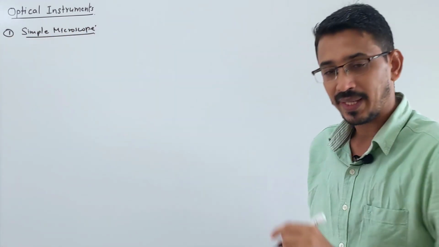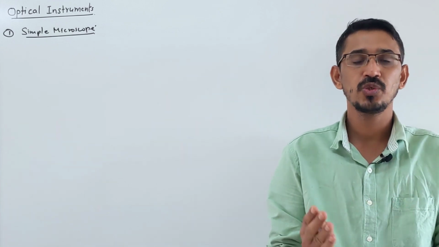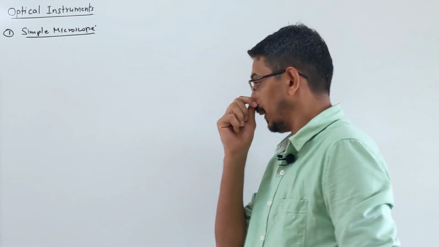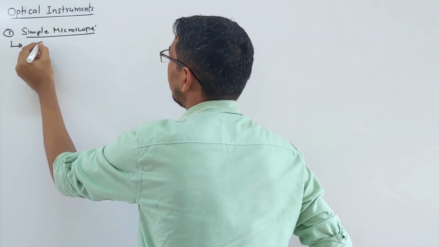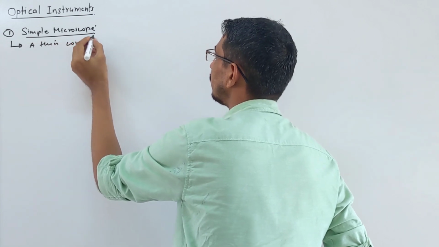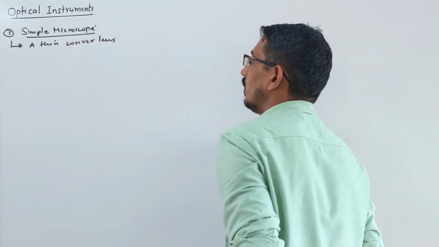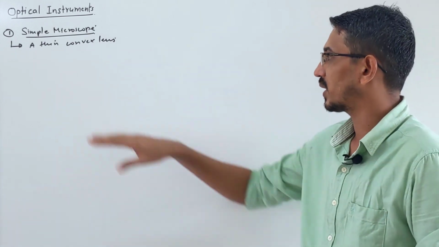Simple microscope is nothing but a normal convex lens used to zoom your objects. Here we need just a thin convex lens. A simple microscope consists of just a simple lens only, that's your convex type of lens.